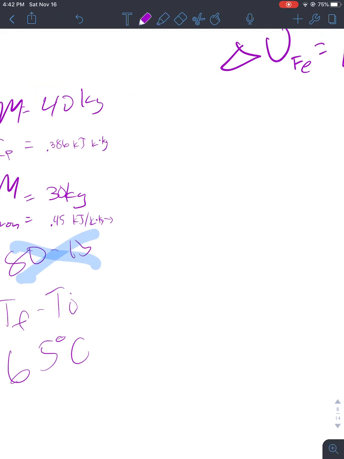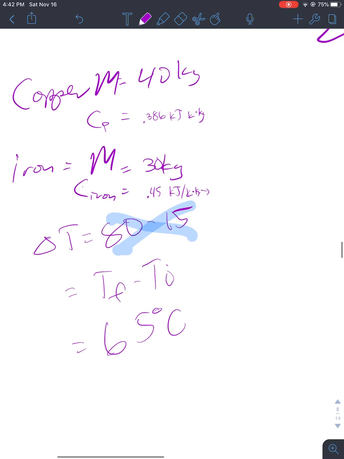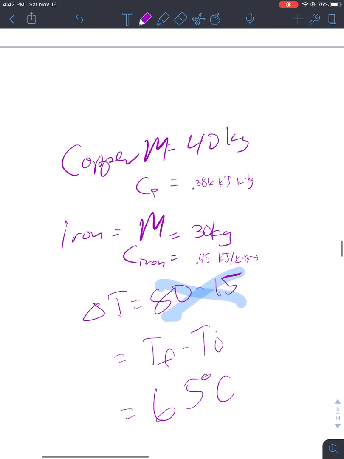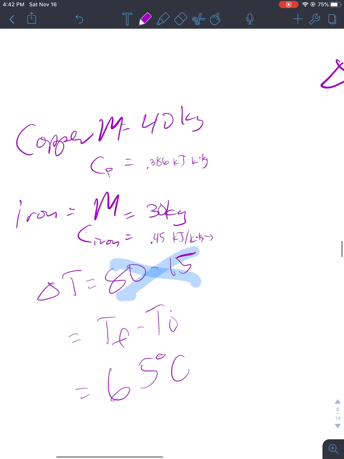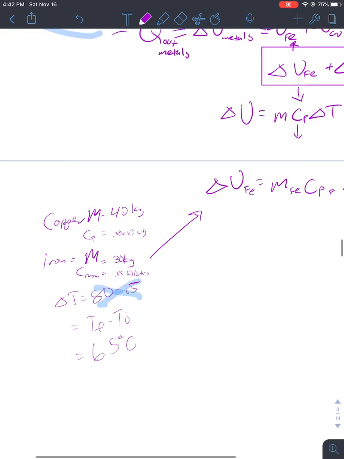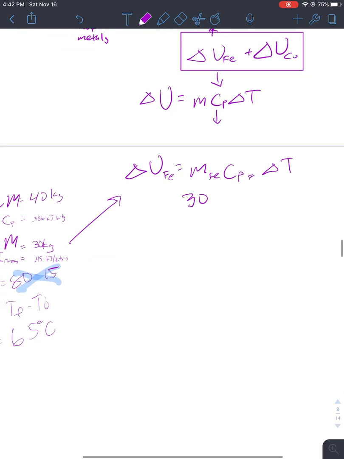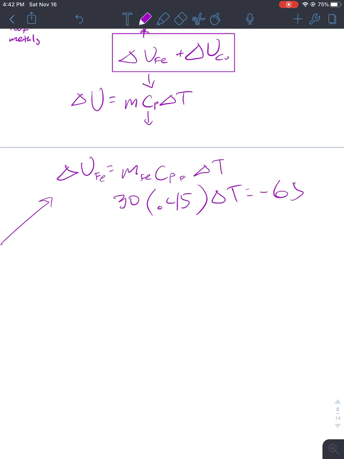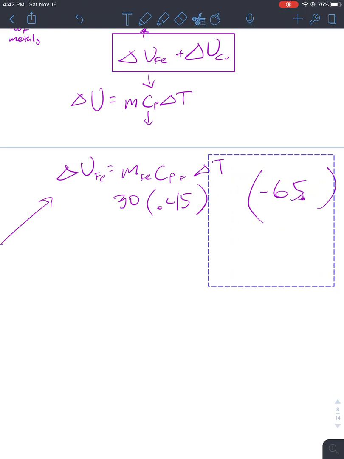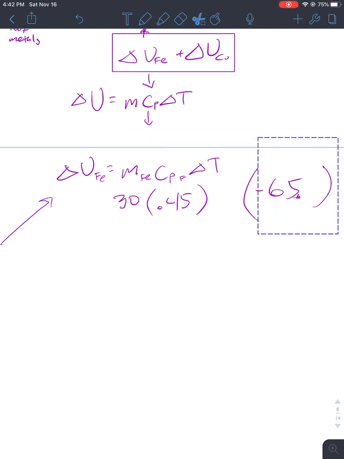All right. So we're doing iron. Iron goes over here. This is 30. Cp is 0.45. And delta T equals negative 65. Whoops, I added an extra 5.